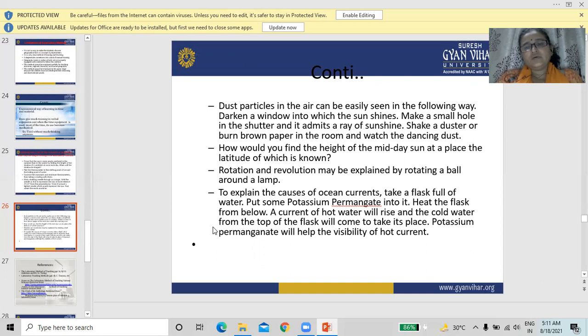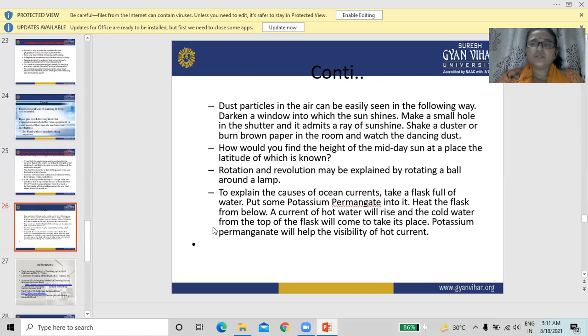A current of hot water will rise and cold water from the top will come to take its place. Potassium permanganate will help the visibility of the hot current.